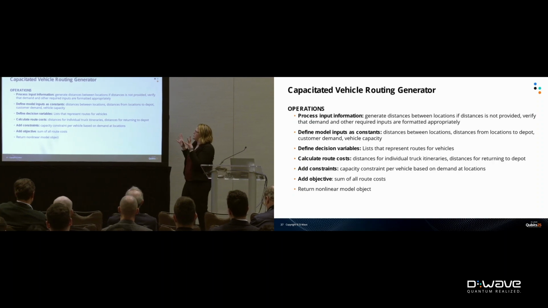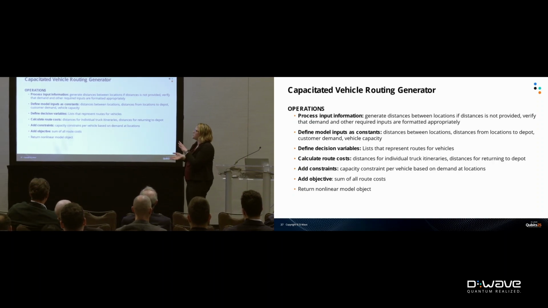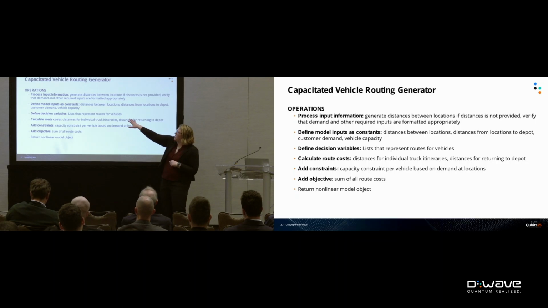The operations that this generator goes through: first, processing input. If we have distances, great. If not, we need to calculate distances. Defining the model inputs as constants, right? That's that bottom level of the directed acyclic graph. Define decision variables, also at that bottom level. Then we need to put in all of the route costs.